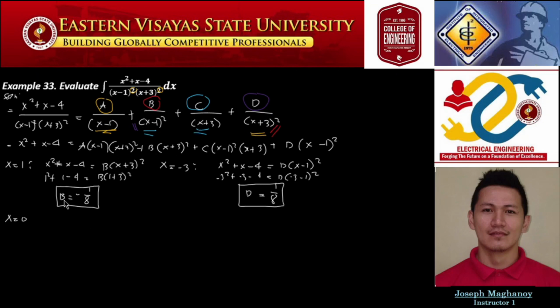Since we have the value of our b and we have the value of our d, we can determine our equation a. So we can determine our a. So if we assume x is 0, we can have an equation with respect to b and c, the remaining. Since we substitute the value of our b and d, the remaining is c and a. So that is an equation. We still need to manipulate algebraically.